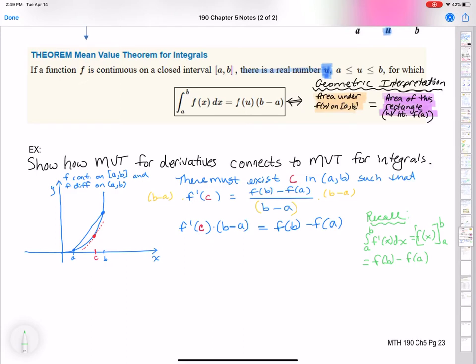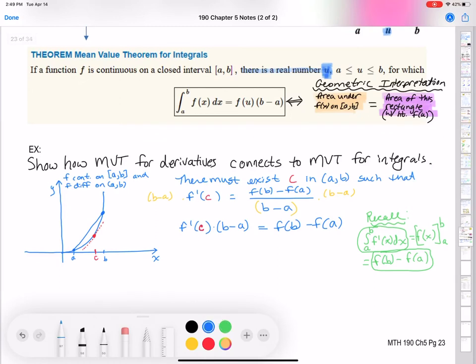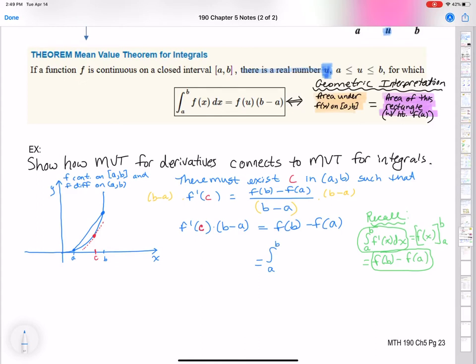So this can then be replaced. We now know we can replace f of b minus f of a with this definite integral of f prime. So this can now be replaced with the definite integral from a to b of f prime of x dx. So this now really looks essentially like our mean value theorem for integrals.